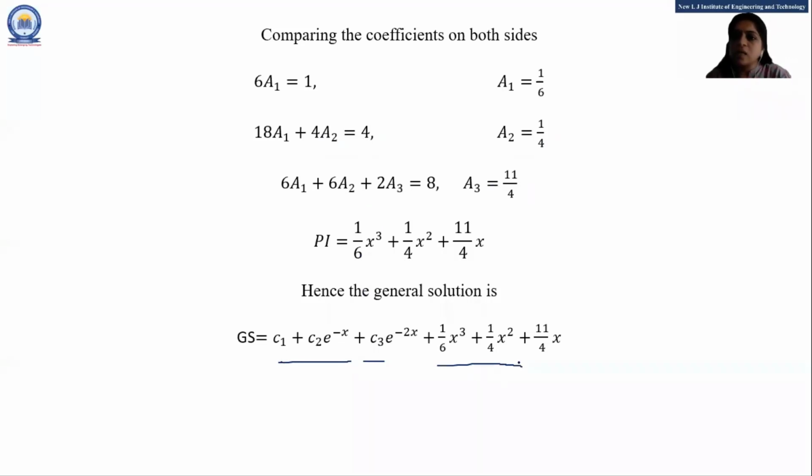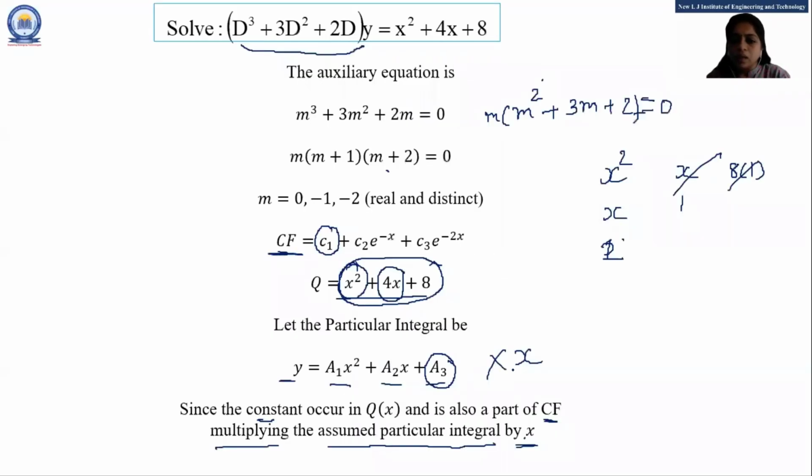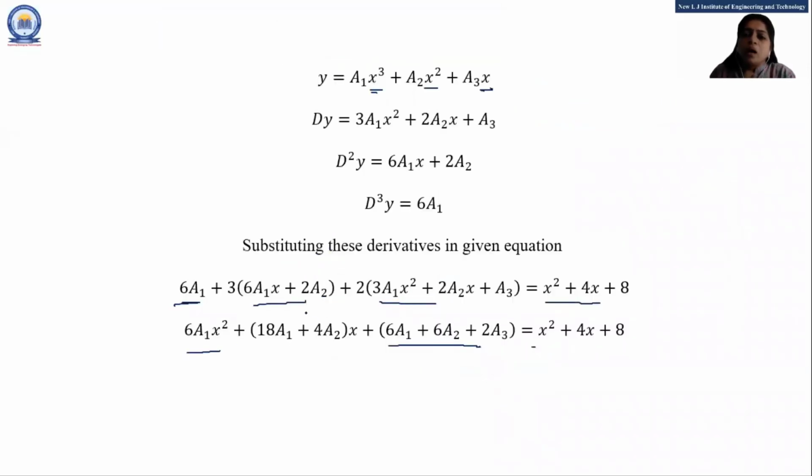Now got it, students? If there is any common term between your complementary function and your assumed particular integral, you have to multiply your assumed particular integral by x. Suppose by multiplying x, again some term is common between your CF and your new assumed particular integral.